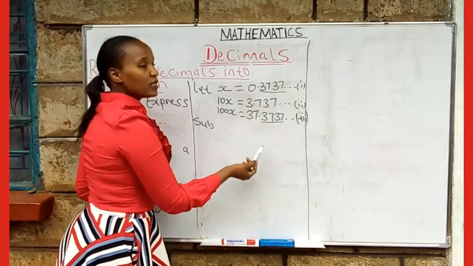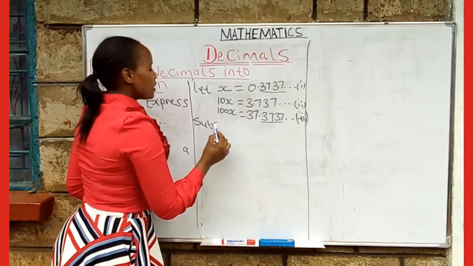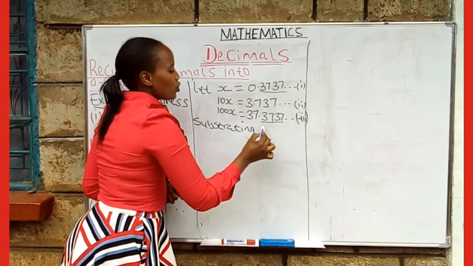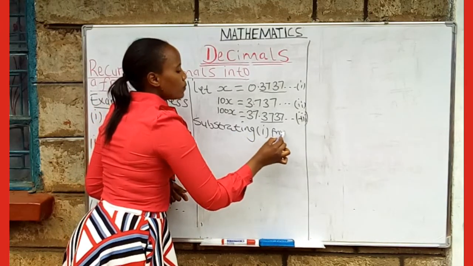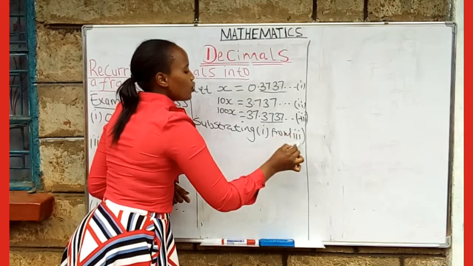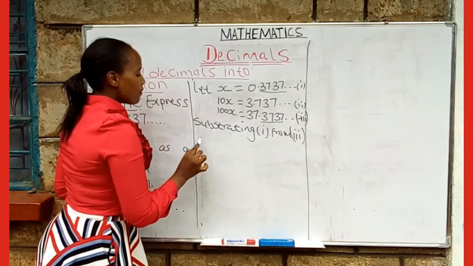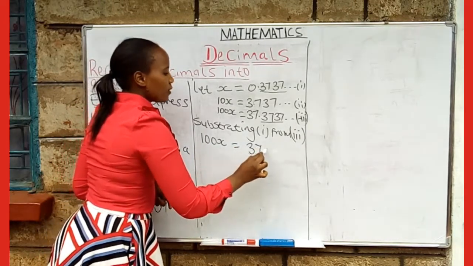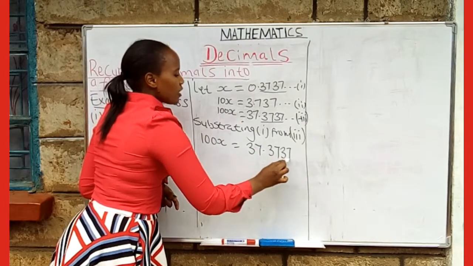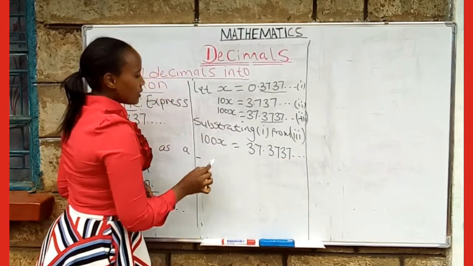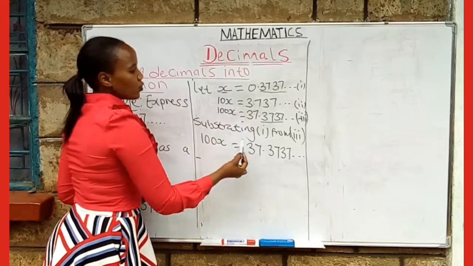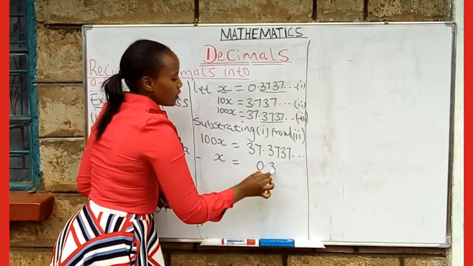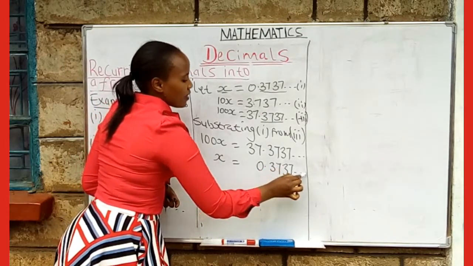Subtracting equation 1 from equation 3, what do we get? We have 100x equivalent to 37.3737 recurring, minus the first equation, x equivalent to 0.3737 recurring.